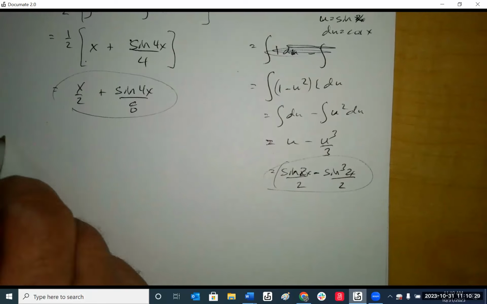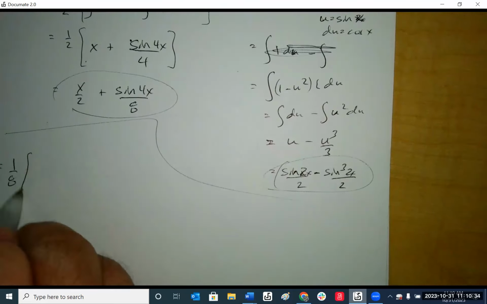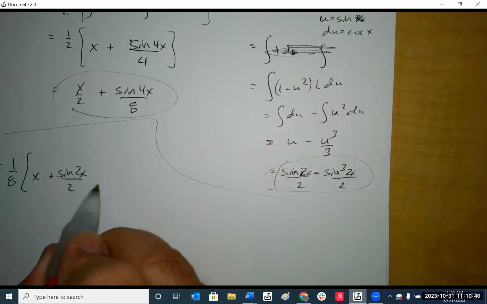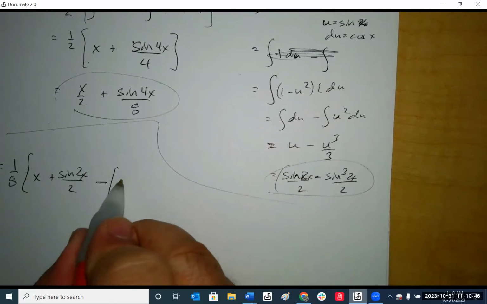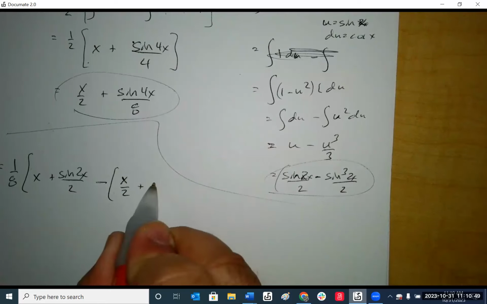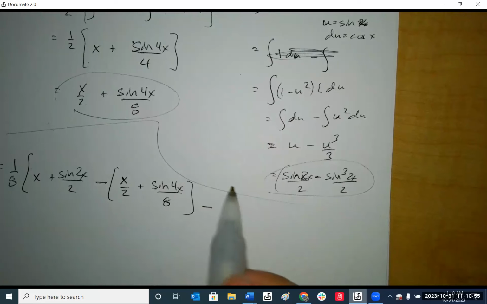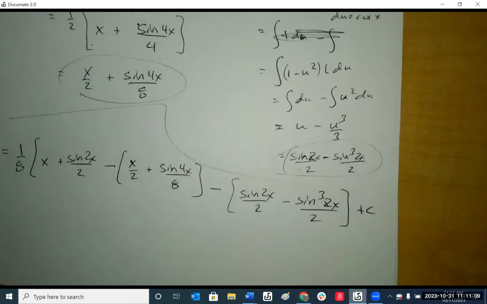So what we had is 1/8 times x plus sine 2x over 2, minus this one, which is x over 2 plus sine 4x over 8, minus this one, sine 2x over 2 minus sine cubed 2x over 2, plus c.